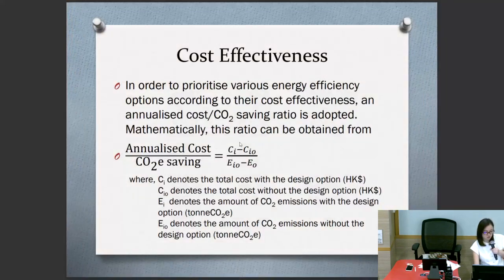So it is the annual cost that you have to pay with that design option, minus the cost without the design. This is the extra cost of implementing that project, divided by the extra carbon reduction in a year. So yearly cost, yearly reduction. Then you have the unit cost for every ton of carbon dioxide reduction.